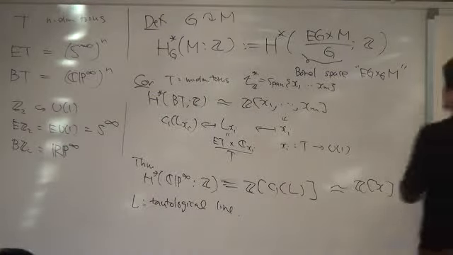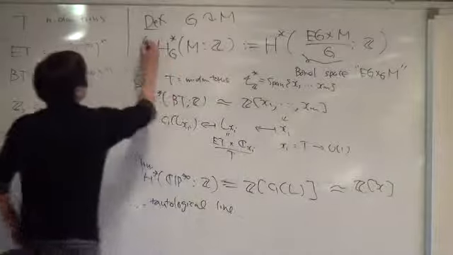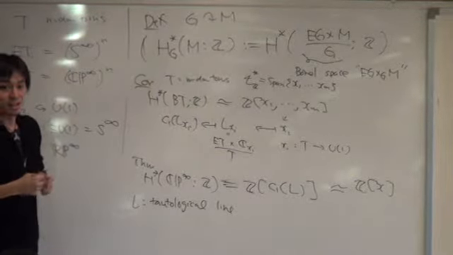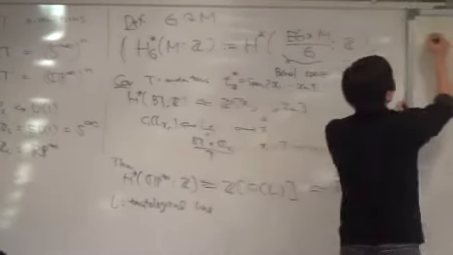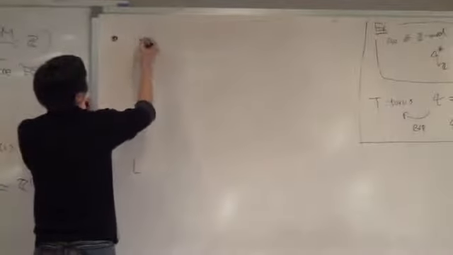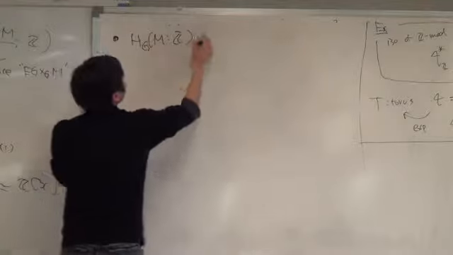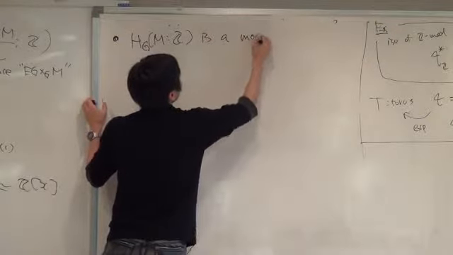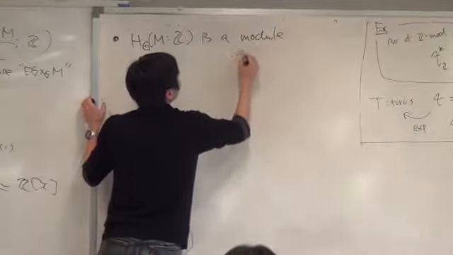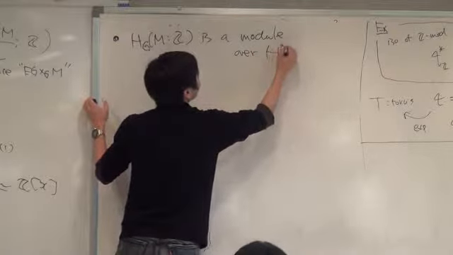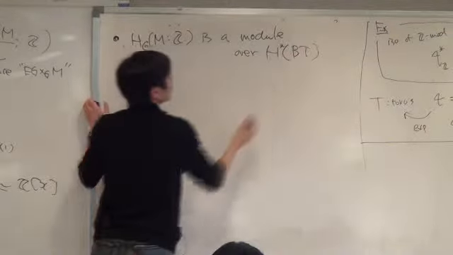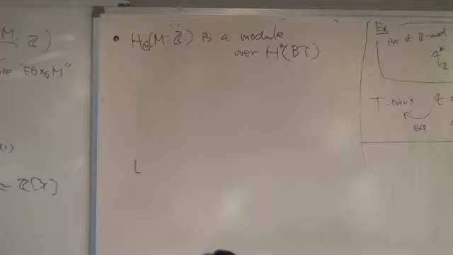Now we have this equivariant cohomology. The first property is that this equivariant cohomology is a module over the cohomology of BT, so it's a module over a polynomial ring.